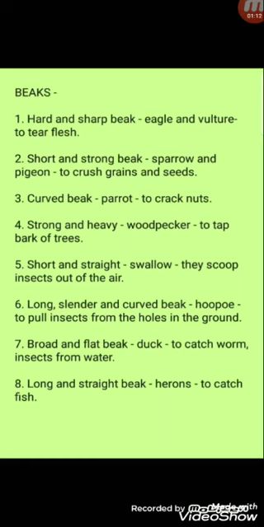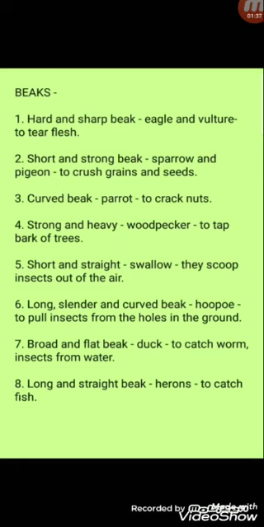It helps them to crush grains and seeds. Third, we have curved beak. You would have seen the curved beak of a parrot. It looks very pretty in red color, and the parrot is green in color. And this combination looks very pretty. And this curved beak helps the parrot to crack nuts.